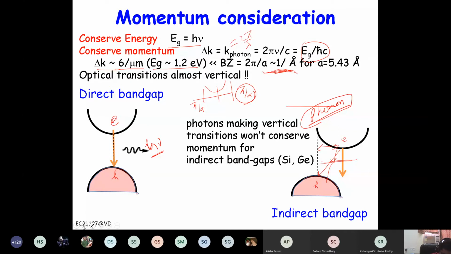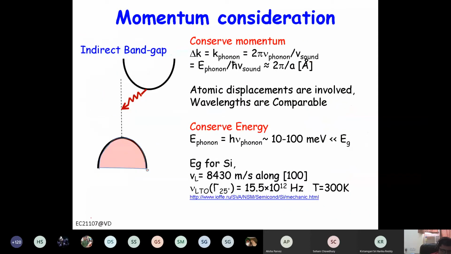This is further explained in the second slide. You can see here this is an indirect band gap semiconductor. The phonon delta k is of the order of 2 pi by a, right? But the energy of phonon is very small. It's a few tens of millielectron volts. Because if a phonon particle is involved, it will also contribute to the energy, right?